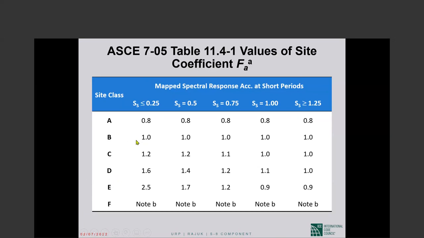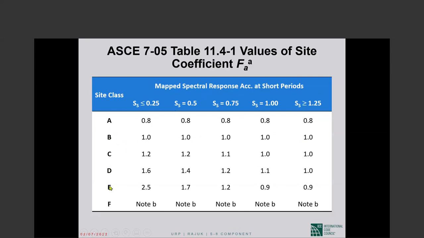I would like to point out that B is the benchmark site class. So for B, all the coefficients are equal to 1. More importantly, the coefficients depend not only on the site class, but also on the intensity of ground motion. Okay.